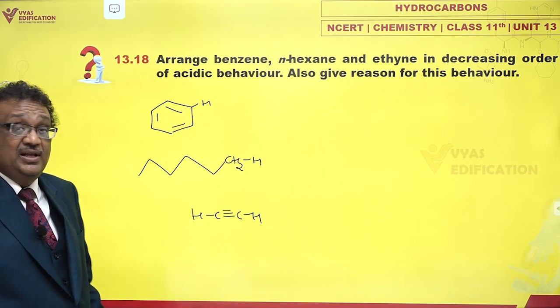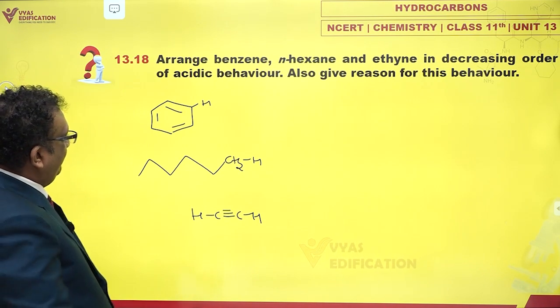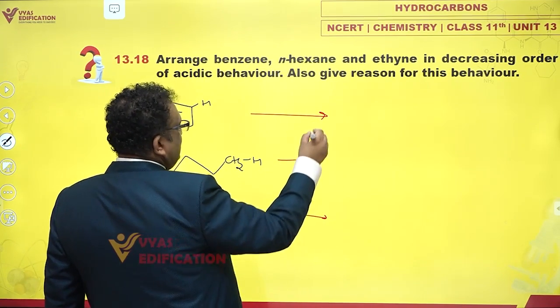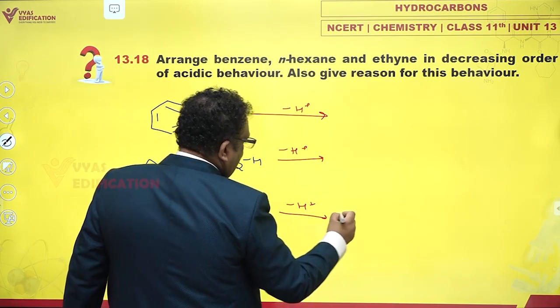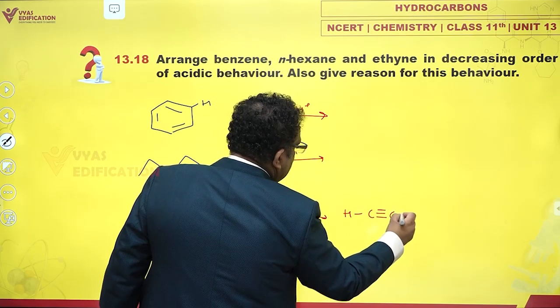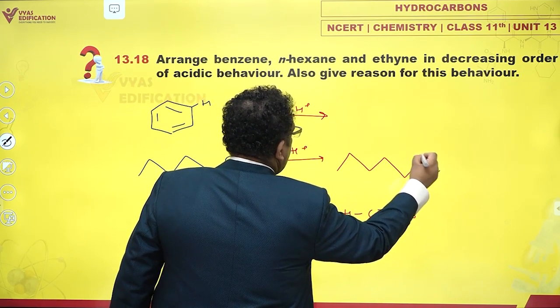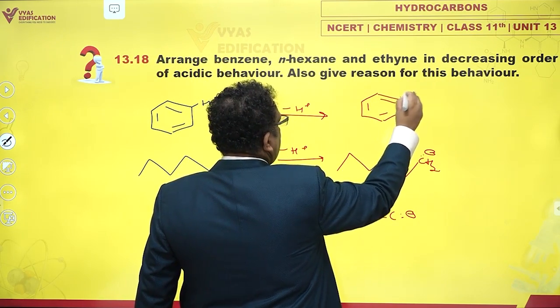Becoming acidic means that they are able to release H+. And if they release H+, let me make the conjugate bases. If they lose H+, what do I get? I get HC triple bond C minus. I get CH2 minus. And I get the phenyl anion like this.